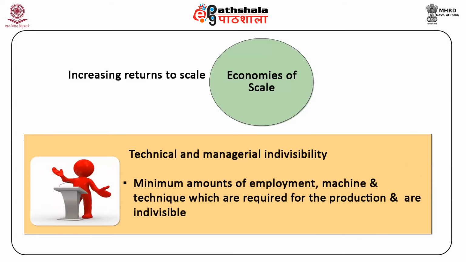Since it is difficult to divide any machine or technique in fractions, therefore there is always a minimum amount of employment, machine, and technique which are required for the production and which are indivisible in nature. When these inputs are increased, then they increase the production exponentially and hence increasing returns to scale take place.